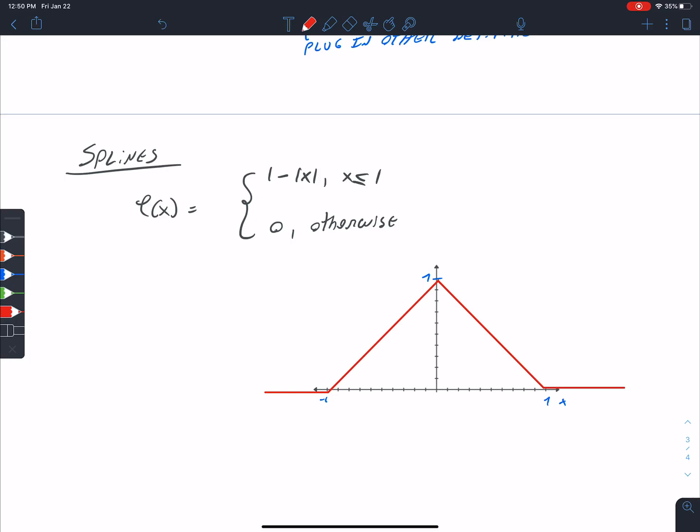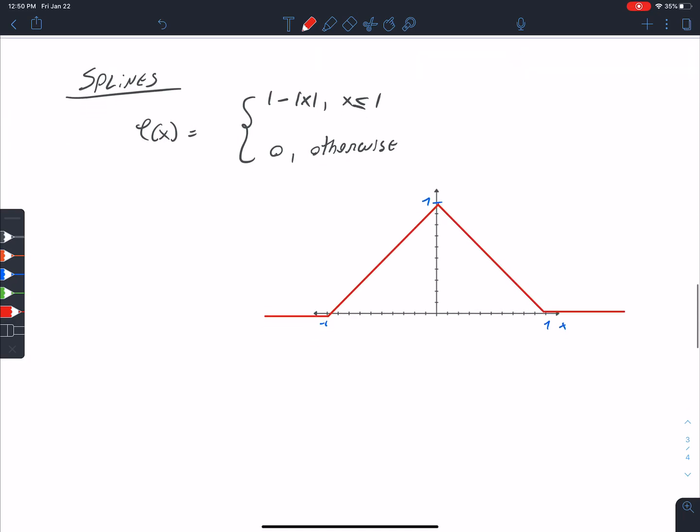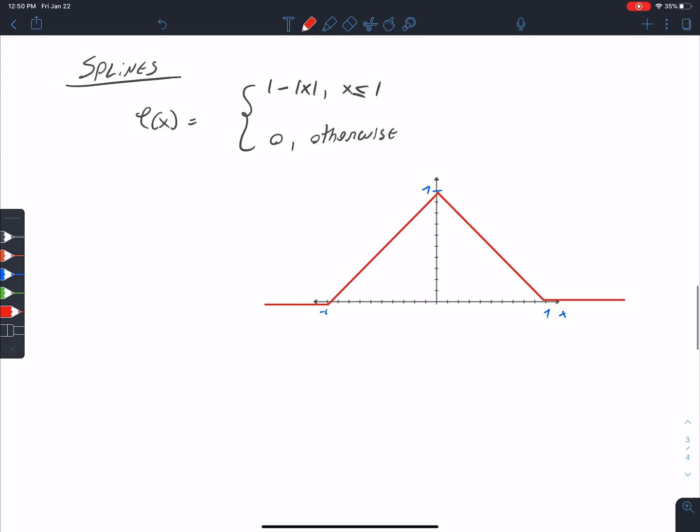So this is our definition. Now let's take a look and see what happens to this function if we write it in a slightly different way. Here's our function again, and we're going to ask, what does this function here look like?